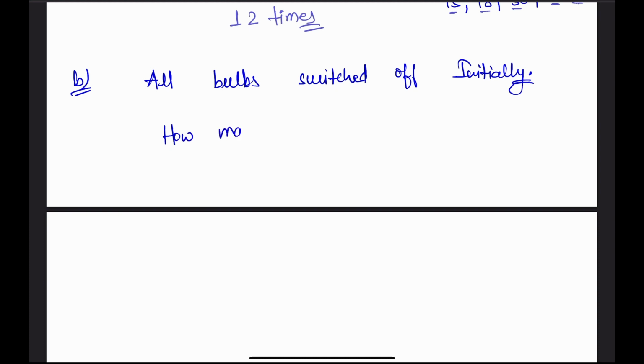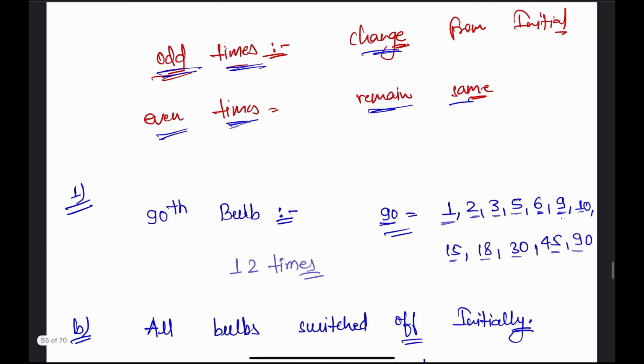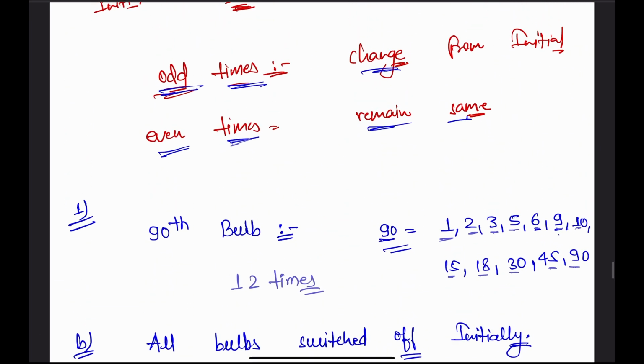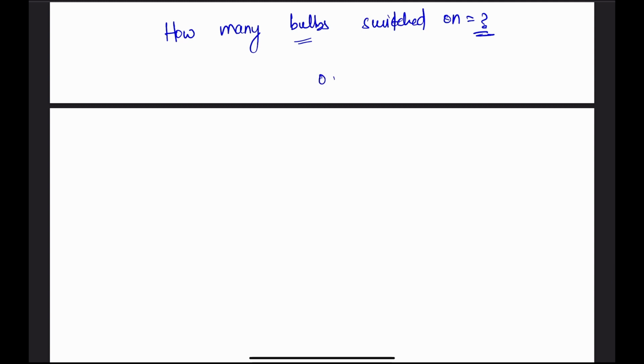If all are off and they become on, then the number of factors should be odd. So all the numbers with an odd number of factors, we need to find.